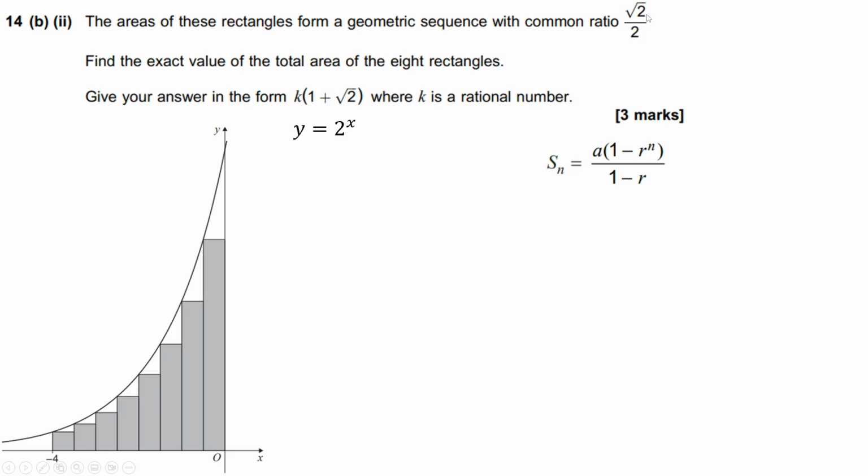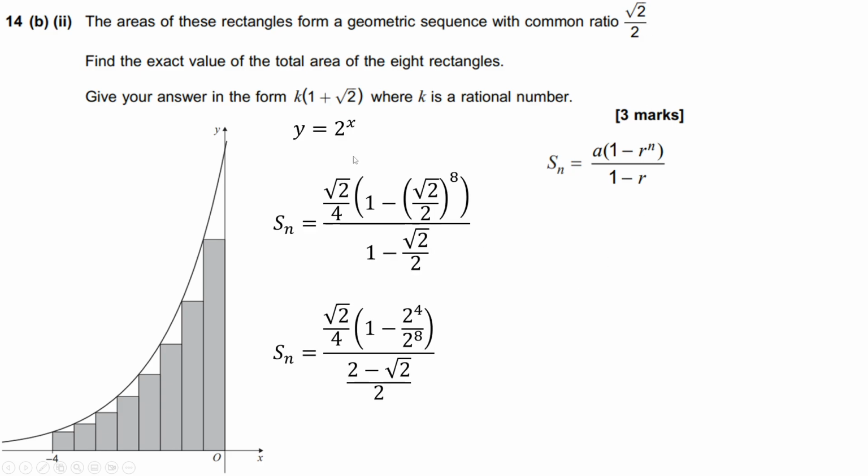This value is less than 1, so if you imagine this sequence, as we're going onwards, the numbers are decreasing. So the areas are decreasing, which tells us that the first term isn't actually the area of this rectangle here. It's actually this one, because we're decreasing. So a equals root 2 over 4, n is just 8, because there's 8 rectangles, and the common ratio r is just root 2 over 2.